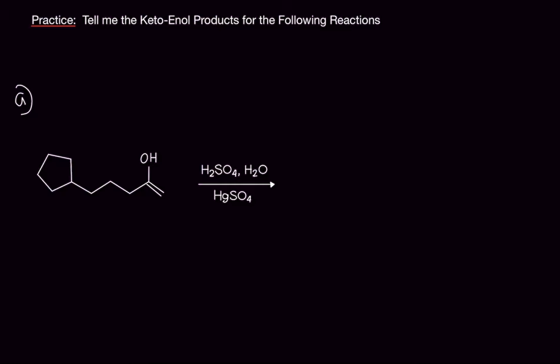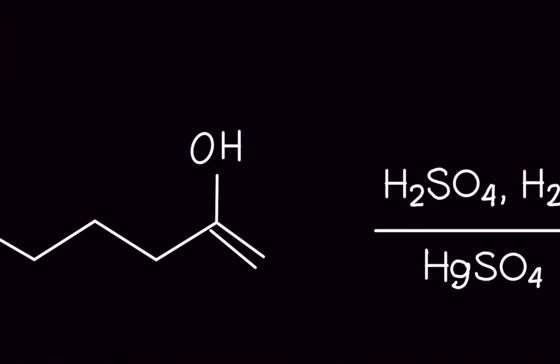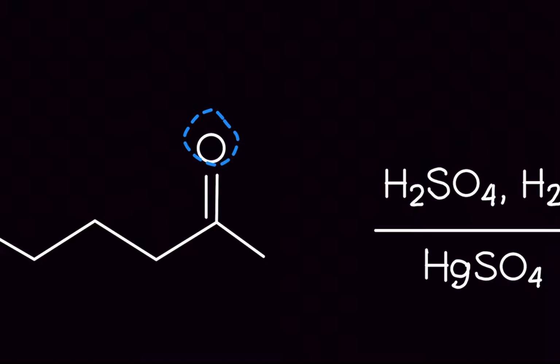Very easy now. How do you get the ketone? All you need to do is erase the hydrogen, erase one pi bond, make it look nice, and now make it a carbonyl. Make it a double bond here. And you make it look a little nice here. And that's our ketone.